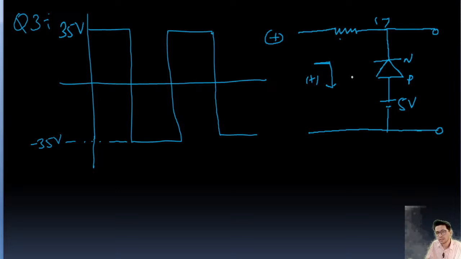Reverse bias means this will work as an open circuit. Open circuit means the voltage at this point is going to be 5 volt, right? So, this is parallel, the same voltage will be at V output. Okay, the same voltage will be at V output, right? So in that case, what will happen?